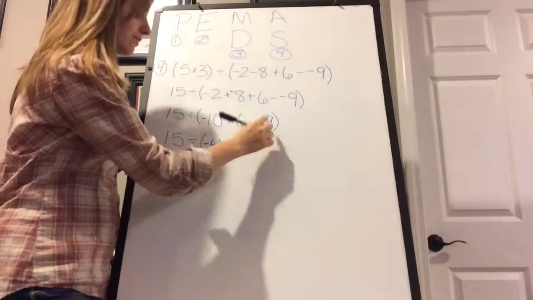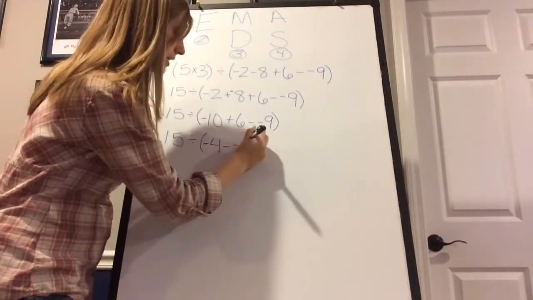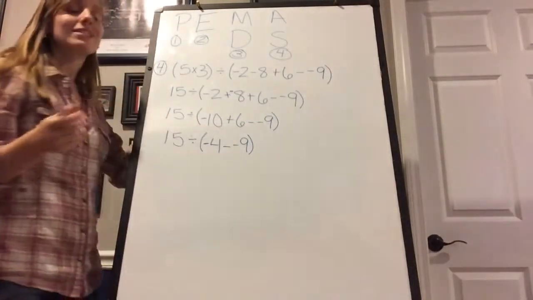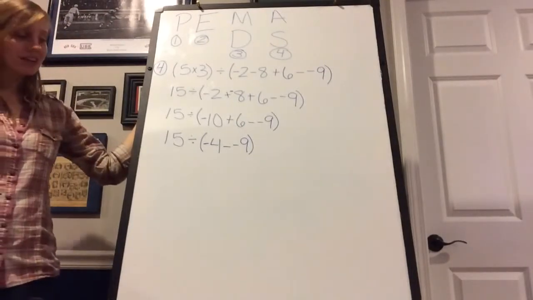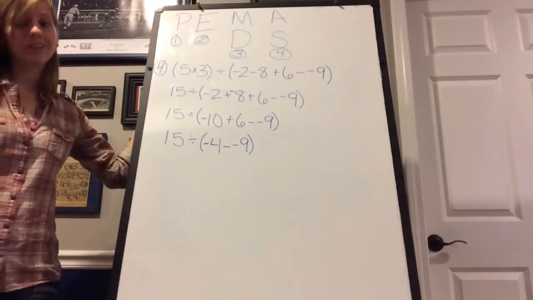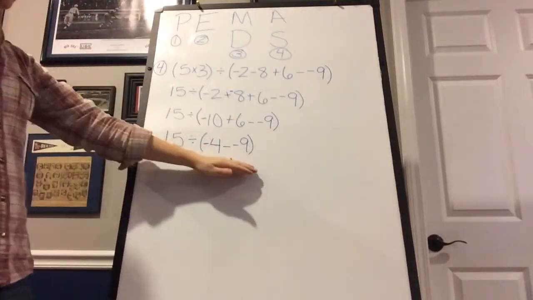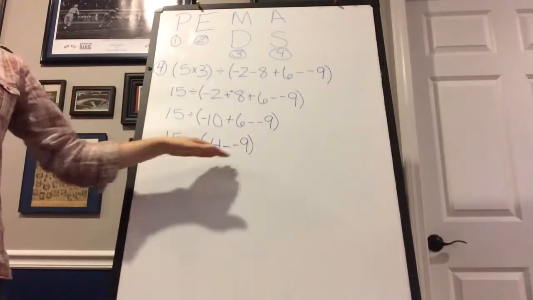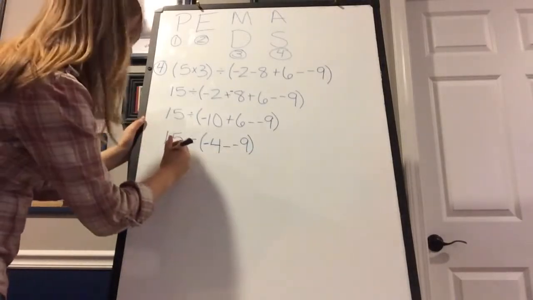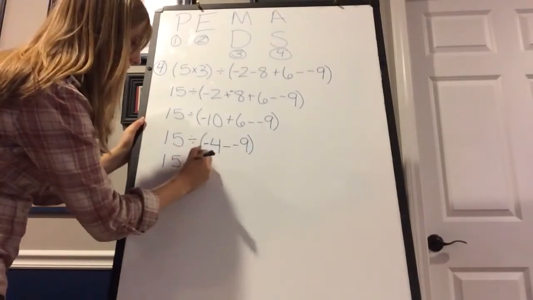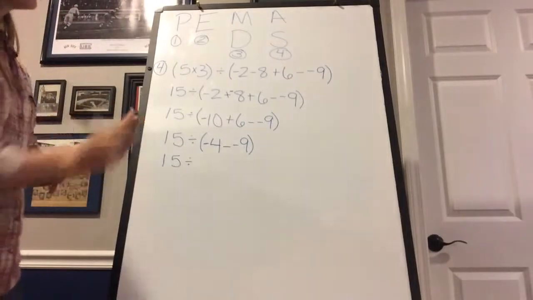The minus negative 9 comes down. Haven't done it yet, so we keep it in parentheses because I haven't done all the operations yet. This one takes a little while to get rid of the parentheses. That's okay. At this point, still do the parentheses. All that I have left is the subtraction. So my 15 and my division sign will stay the same.